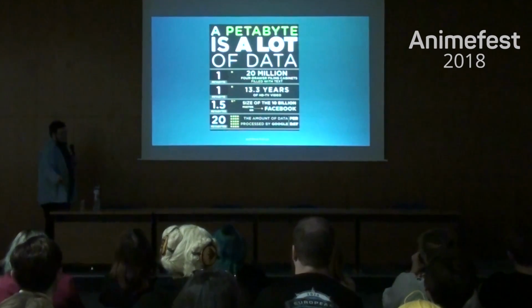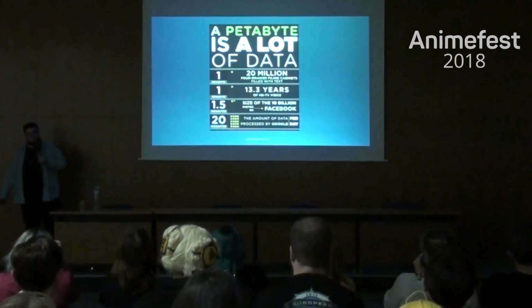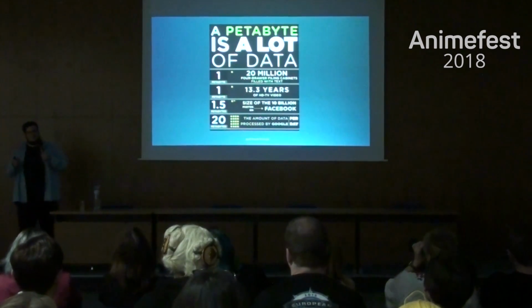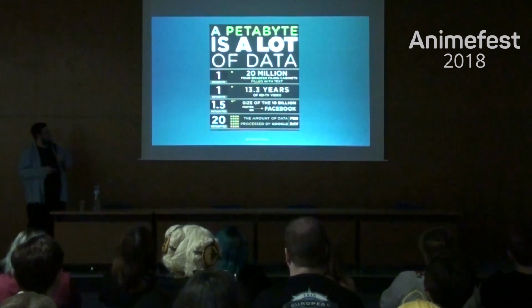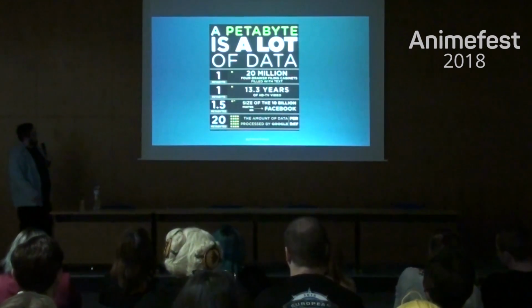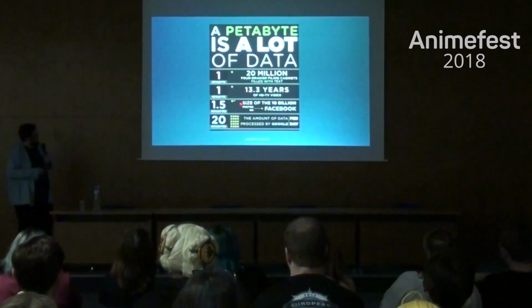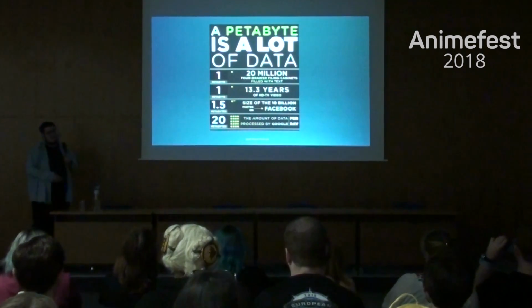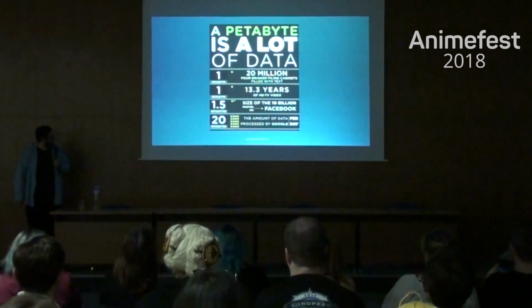So what's the cost of the technology? Of course, it's a lot of data. Here's an example. All footage for Avatar was 1 petabyte. To see what a petabyte is, it's like 13.5 years of HD video. 10 billion photos on Facebook is 1.5 petabytes.